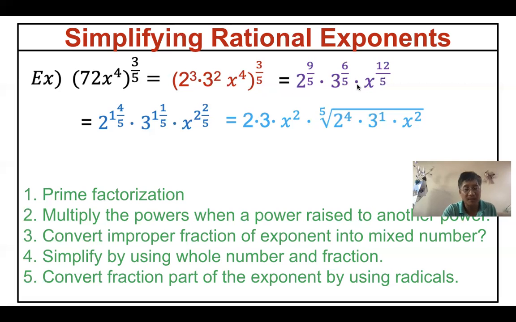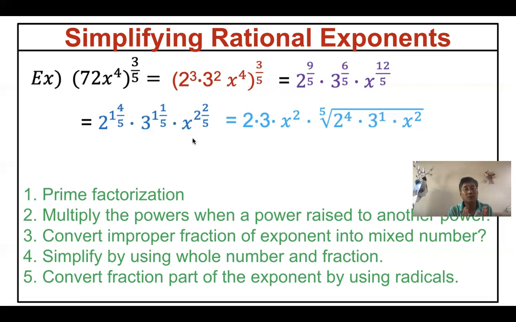When you change the rational exponent into the radical form like this, the denominator goes to the outside here, which is the root. 5th root. And then the numerator becomes the exponent of each base. Do you get it?